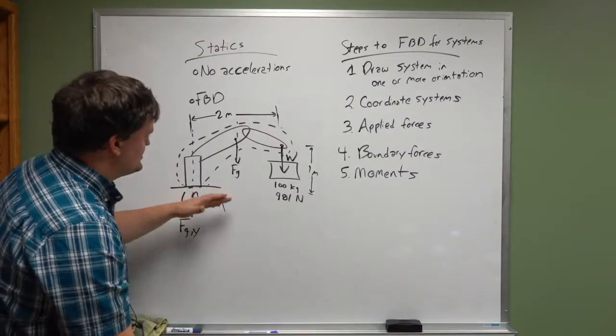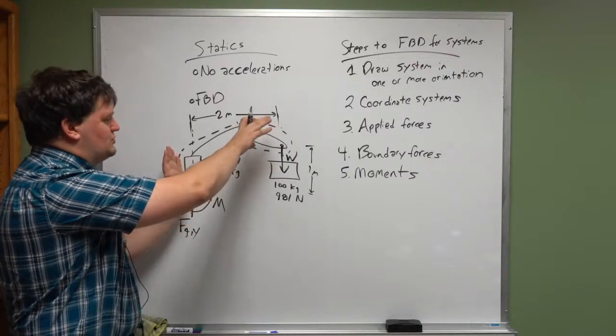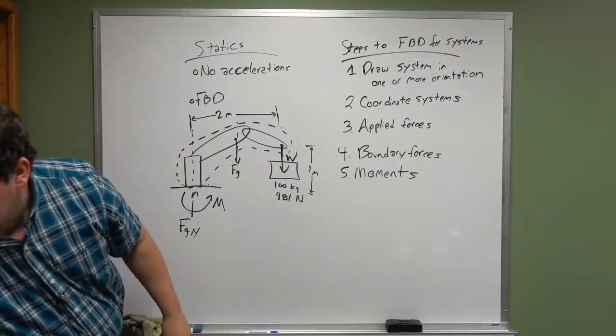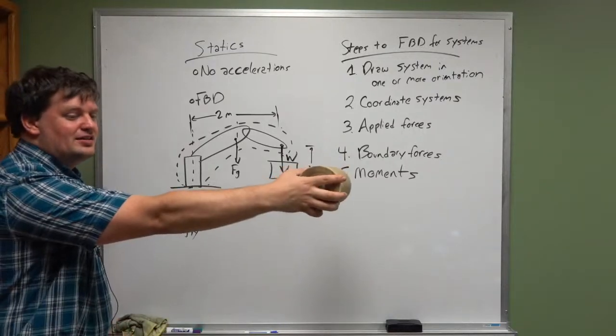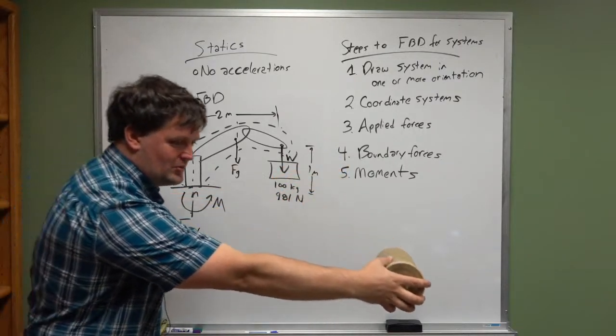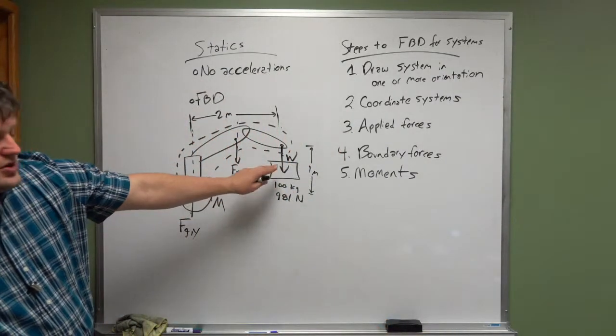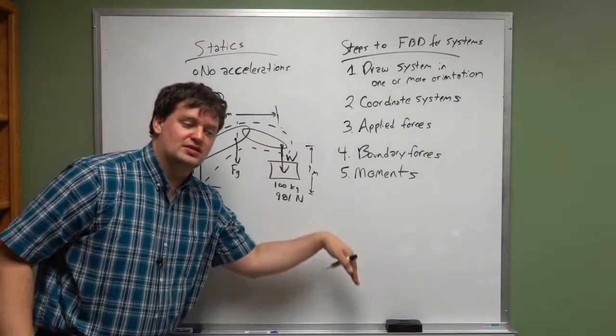So that moment is counterbalancing this weight. If you were to pick up something heavy and hold it in your hand, the heavier it gets, the more it makes you want to tip over. Well, that's basically what this is doing right now. The heavier this is, the more it's causing the system to rotate this direction.